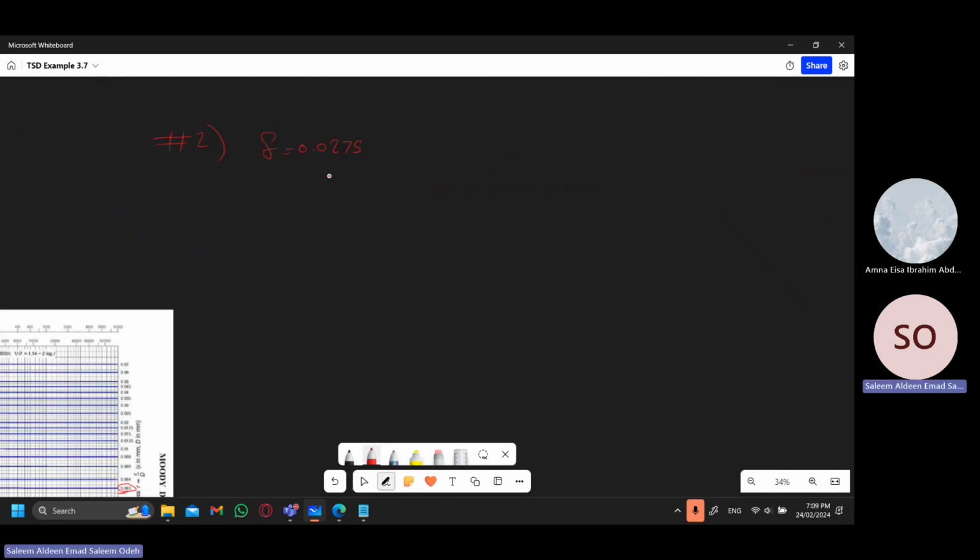We will write down the same equations. So V equals 3 over, let me just double check my values.